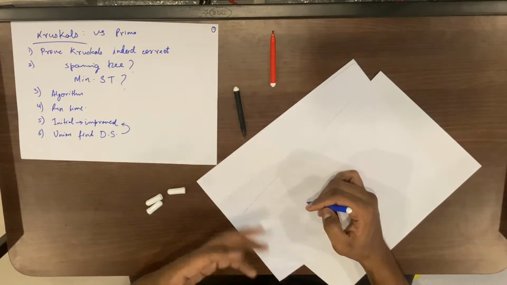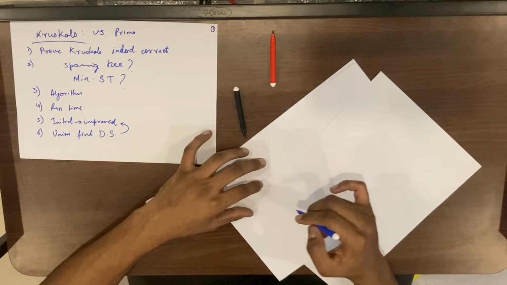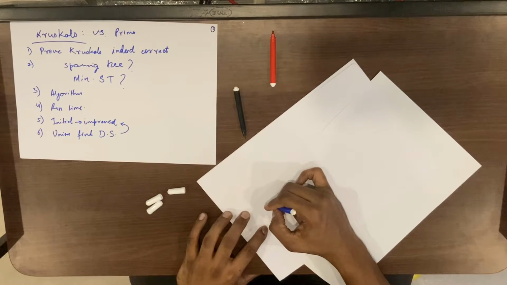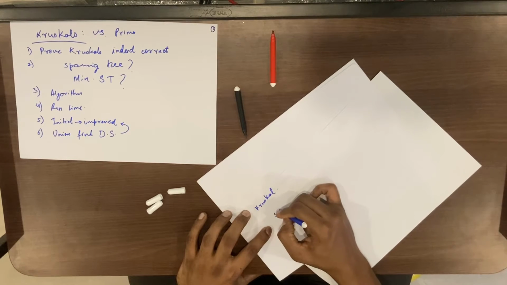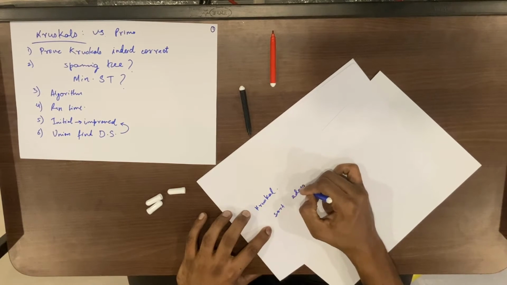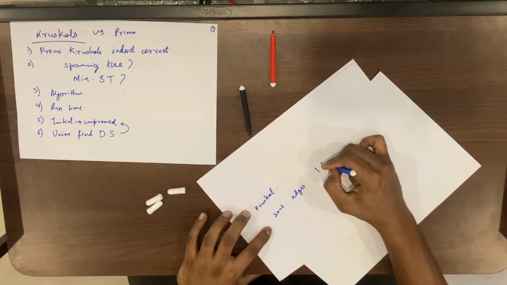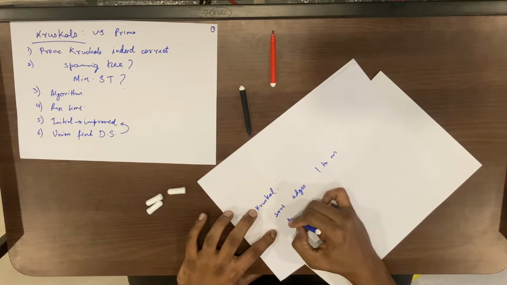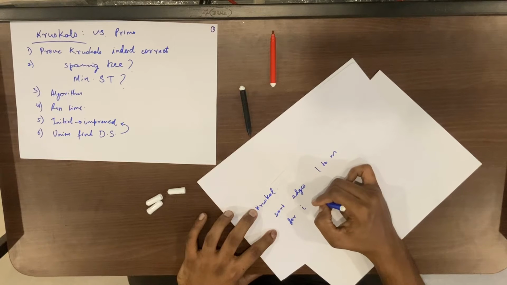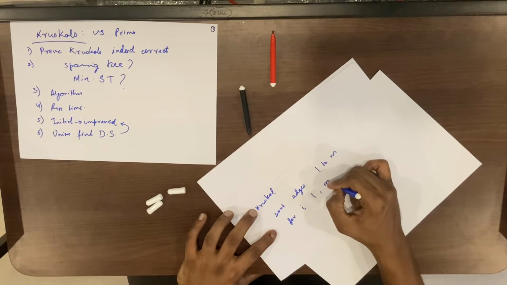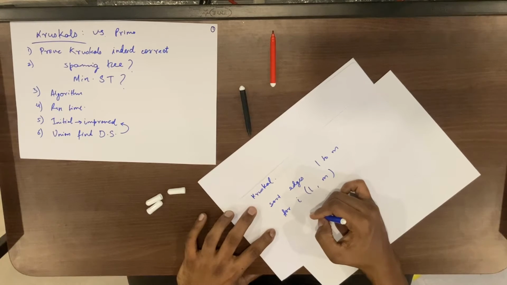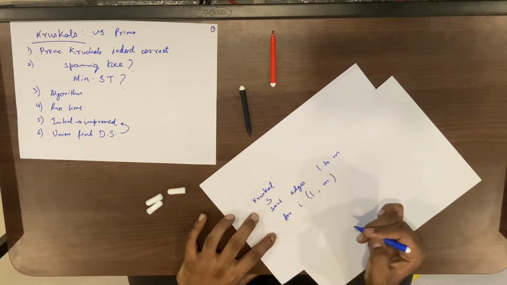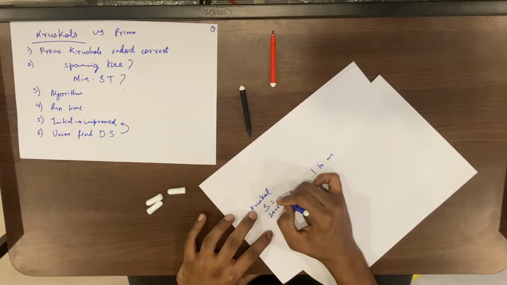Let me trace back, and let's first of all write Kruskal's algorithm. Mr. Kruskal says sort the edges, 1 to m. Before sorting, you also have an S, which is the state of the system, which is empty.